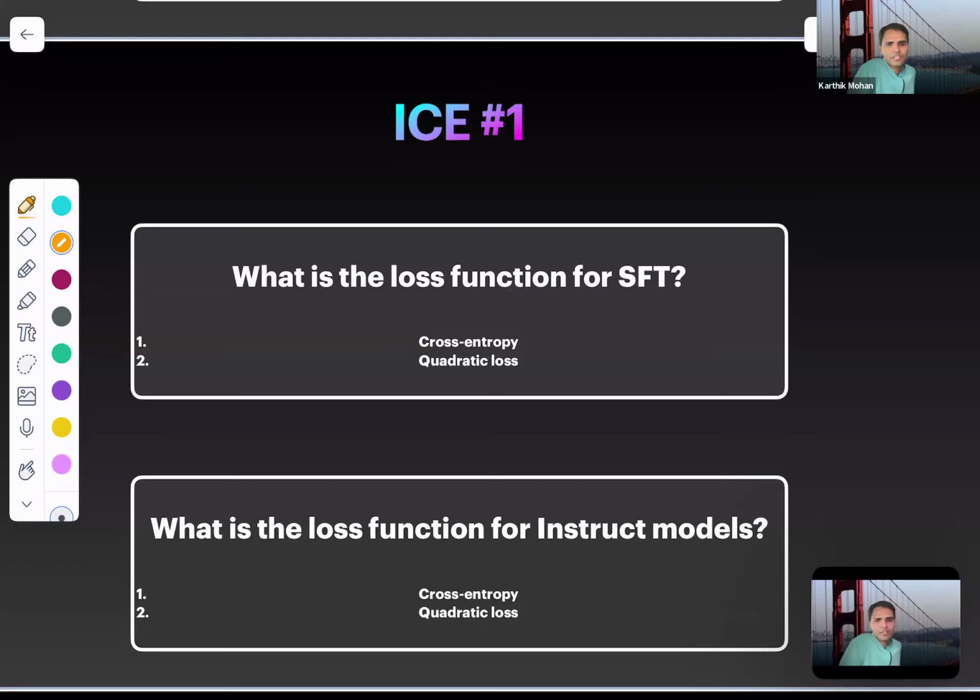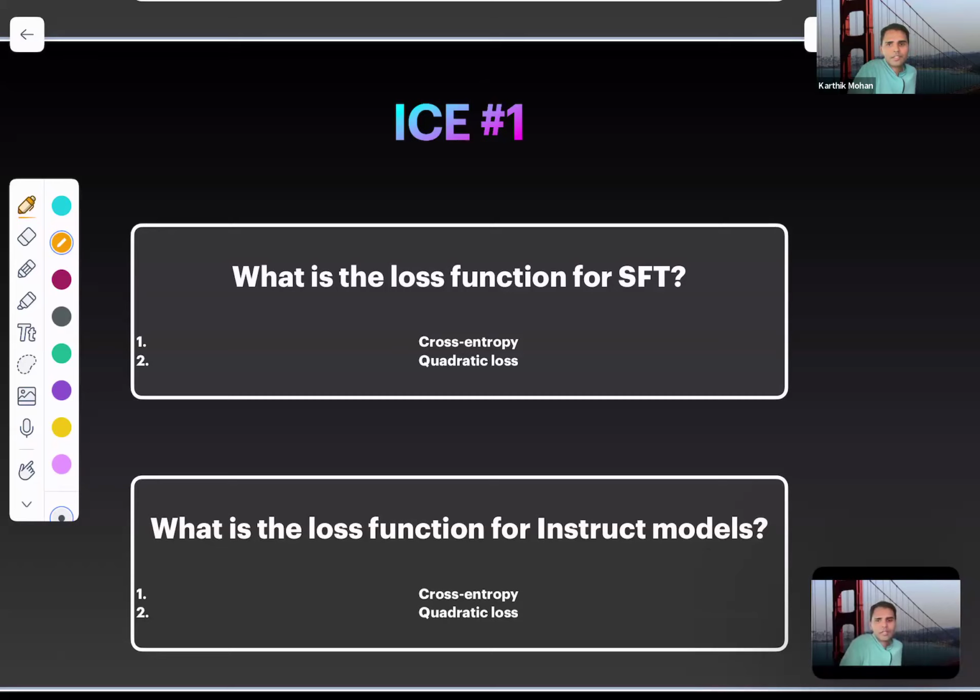For Instruct models, it's interesting because now you're not necessarily generating a specific class, but you're generating a full response. However, the way you would set up the loss function is again next token prediction. You would be comparing the expected output against the output that was actually generated, token by token.